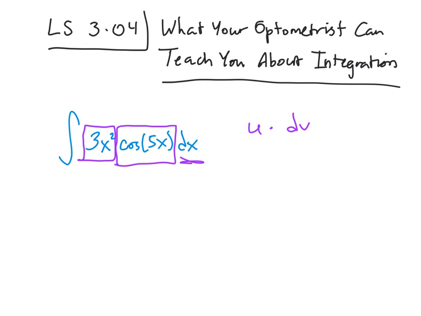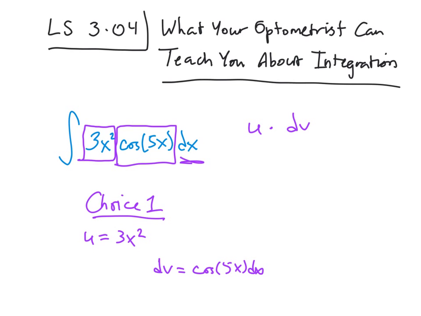Even though there are a number of different choices you can make, there's essentially really two choices. Choice 1 would be set u equal to 3x squared, and then dv equal to cosine of 5x dx.